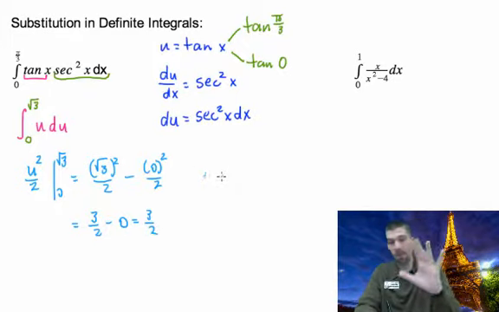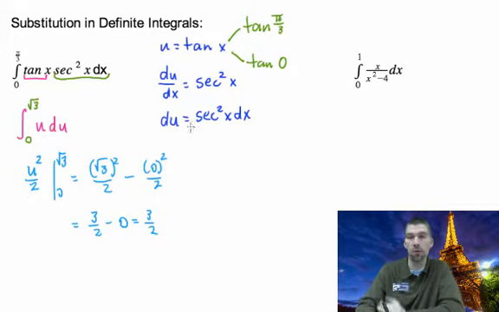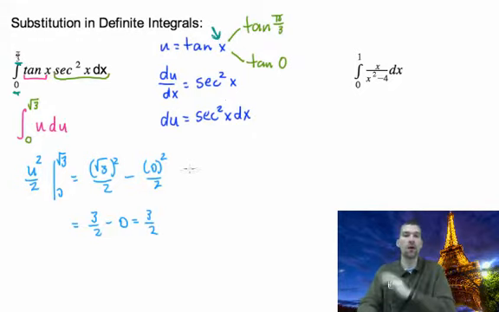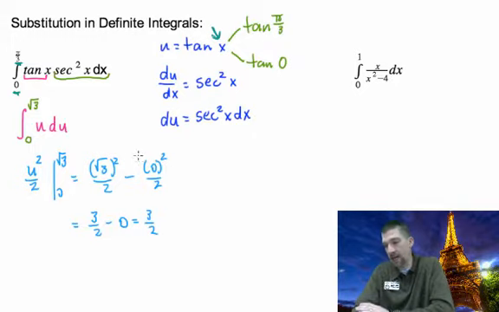There's no going back in and messing things around. There's no resubstituting back in. Once we put this 0 in for this x, and once we put this pi over 3 in for this x, we are done with all our substitutions. We're finished. Okay? Well, what about this last guy?